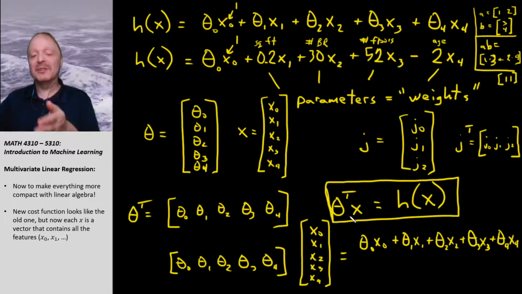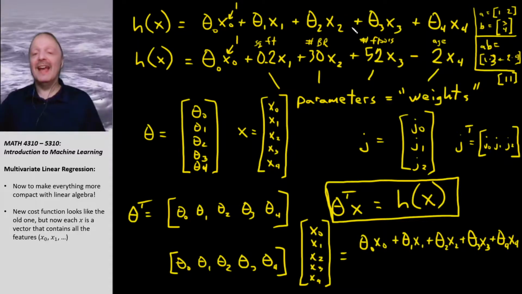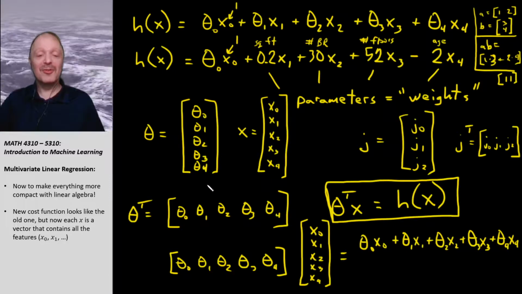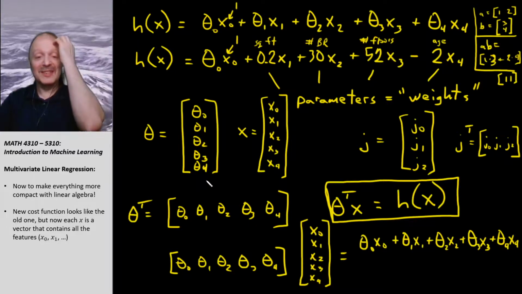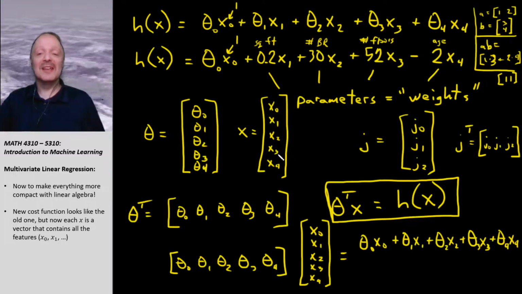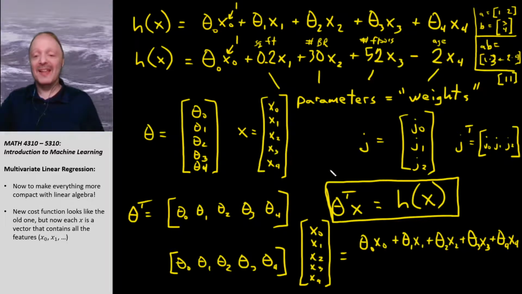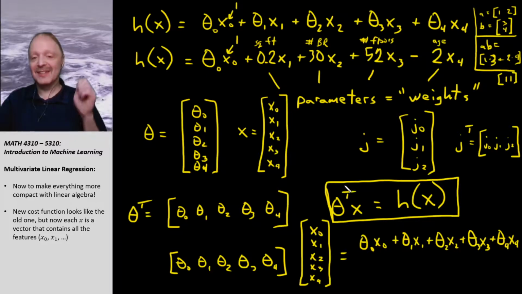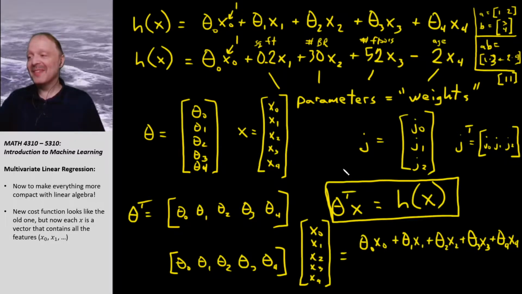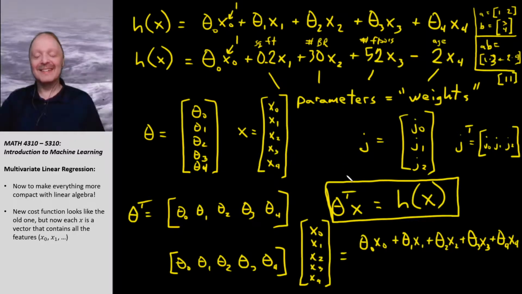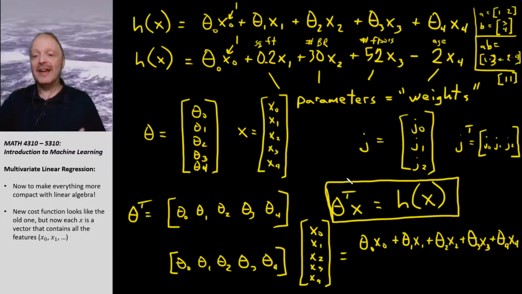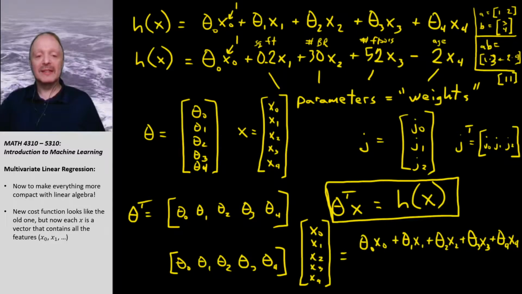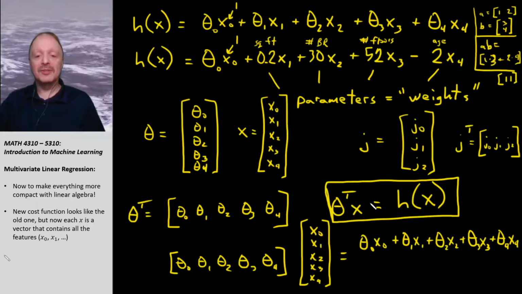Theta transpose x. And this doesn't care if there are 5 different features versus 500. Theta transpose x, well, it handles all of that behind the scenes. Go linear algebra.